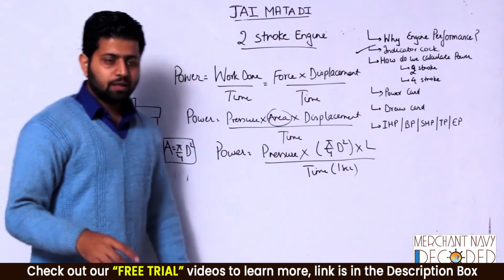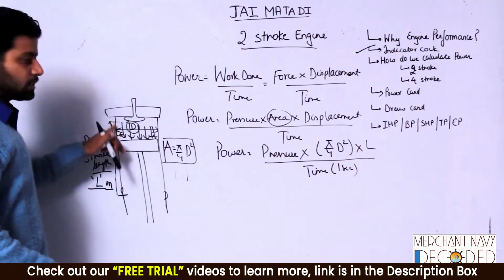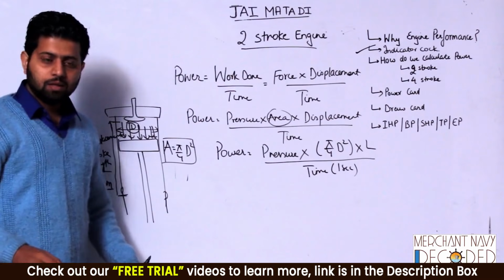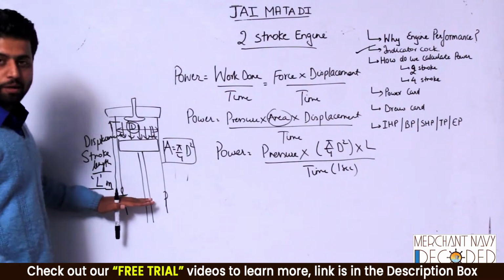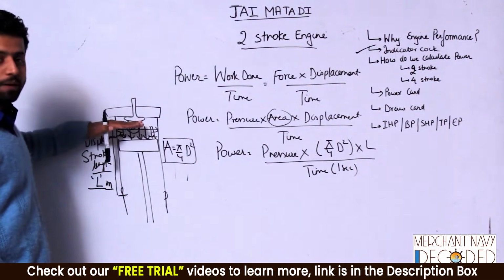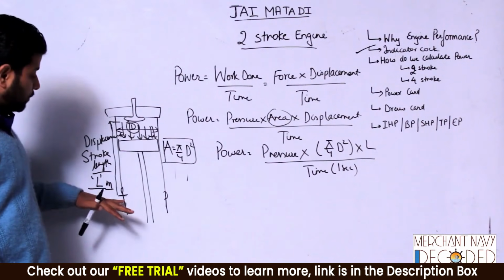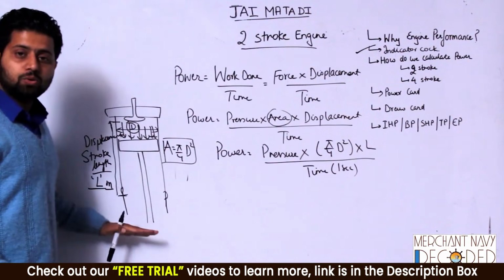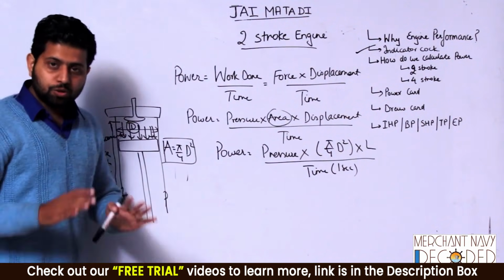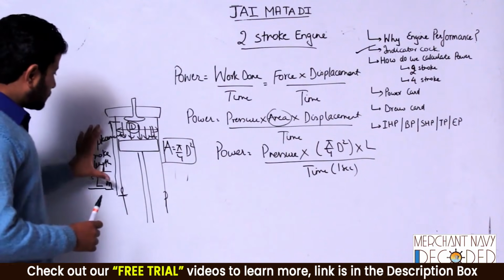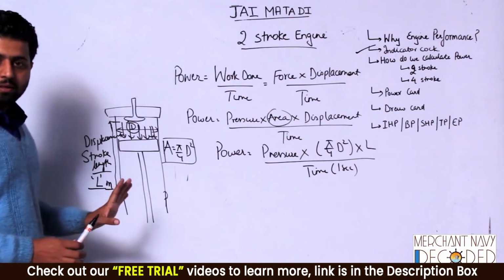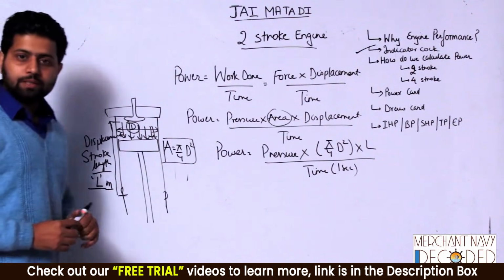So you need an average pressure which is acting throughout the cycle. Because over here it is say 1 bar or 2 bars, and over here it is 100 bars. So it reaches from 2 to 100 and then again from 100 to 2. So you need a pressure which is constant throughout the cycle, and you have to calculate that.